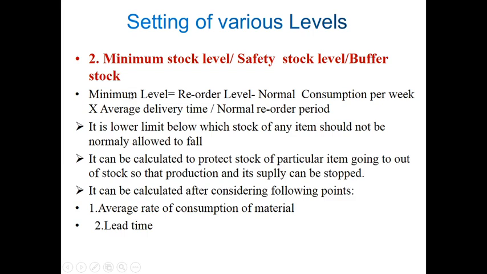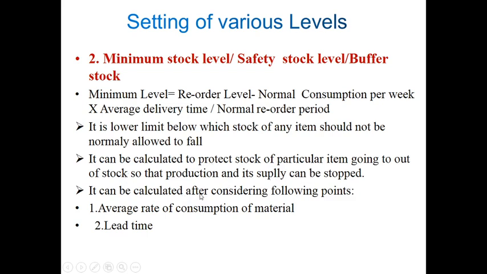It is also a lower limit and it is calculated to protect stock of particular items from going out of stock, so that proper action can be taken and its supply can be stopped.